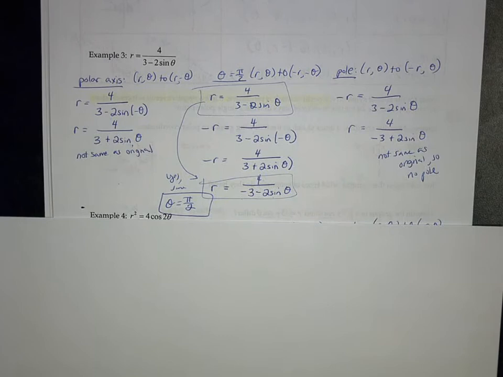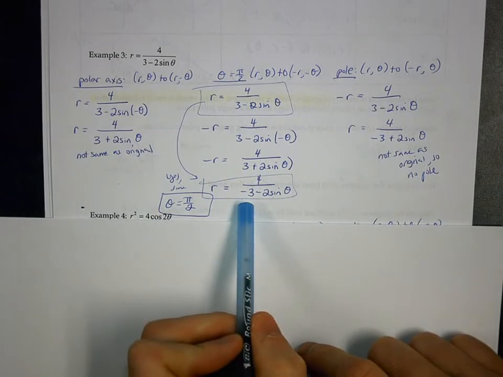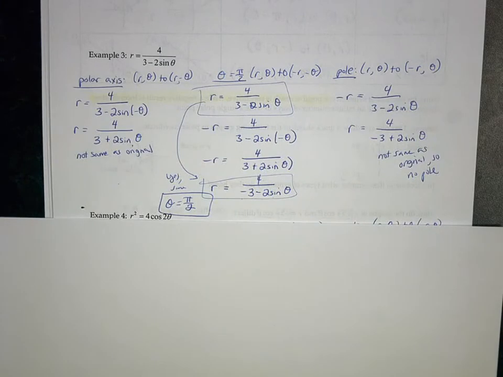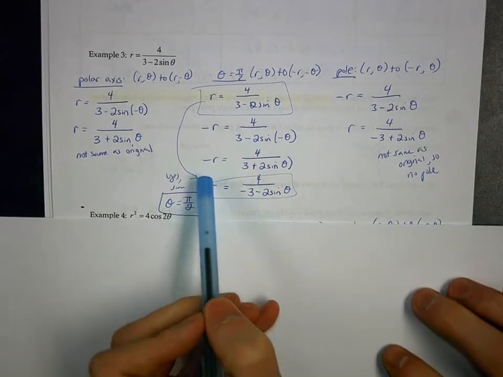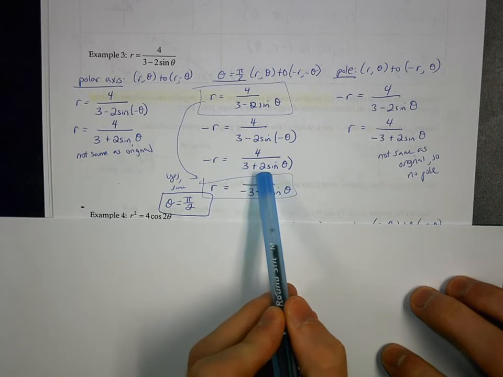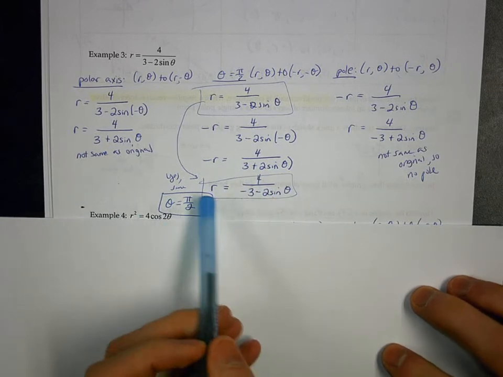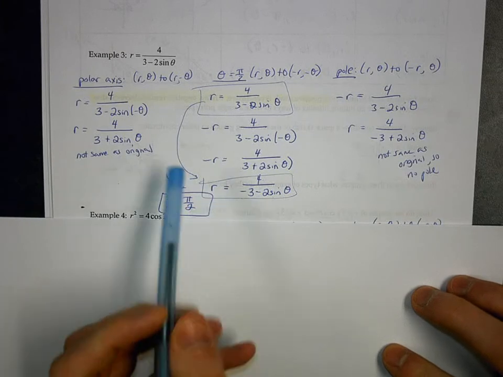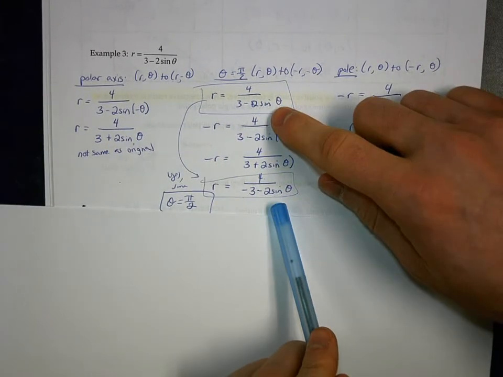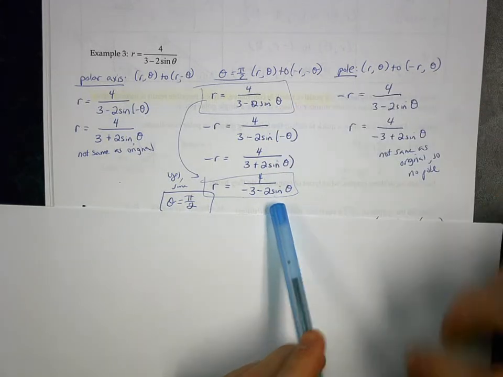And I chose to divide through the bottom part by the negative because the sine is the piece that is really making the determination whether I've got the same type of graph. So here I divided negative 1 down here, so I got negative 3 minus 2 sine of theta. So if I compare this entire graph with this entire graph, I can see here I have negative 2 sine theta, which is good.